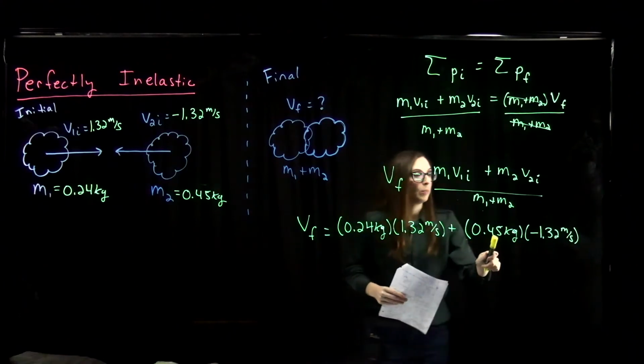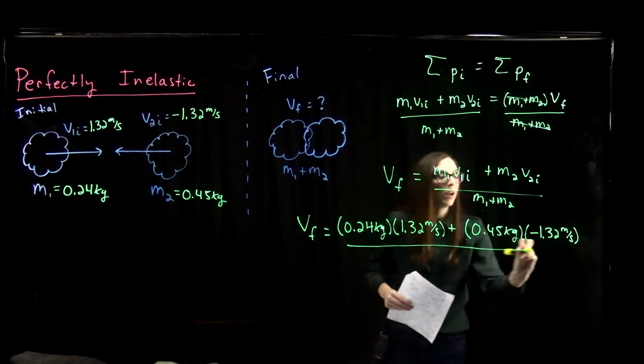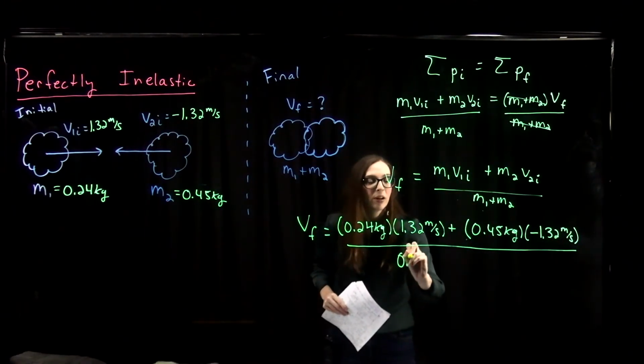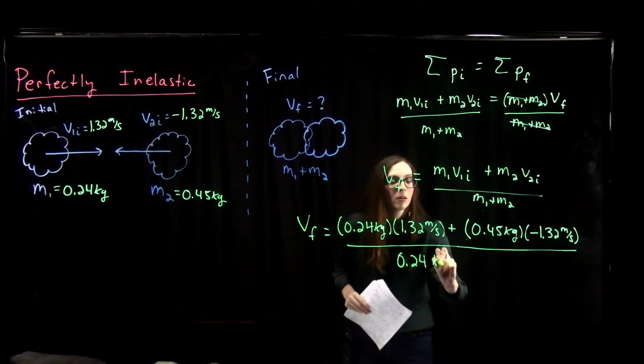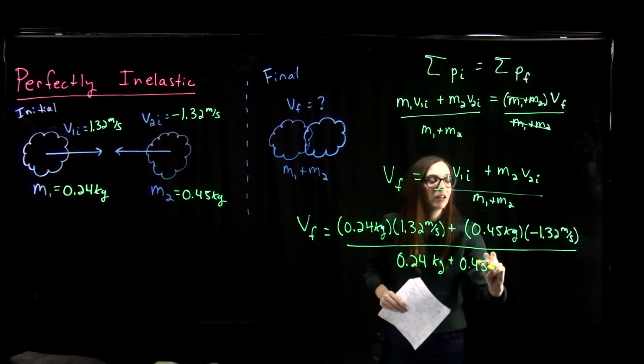I'm going to divide it by the sum of the masses, m1 plus m2. So 0.24 kilograms plus 0.45 kilograms.